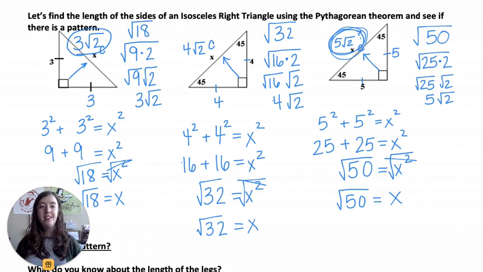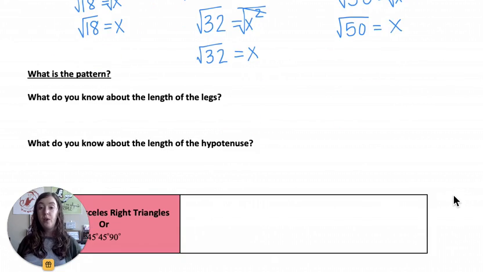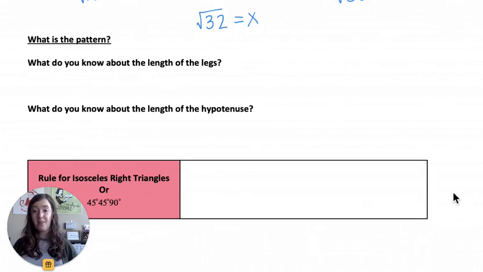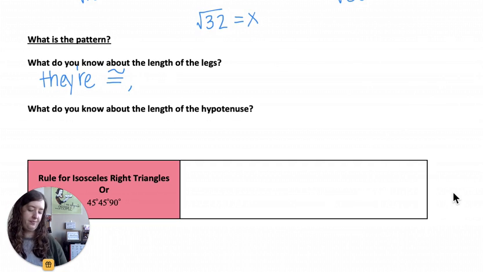So let's go ahead and look at what we've noticed about these triangles. What do we know about the lengths of the legs? Remember, the legs are the ones that are not the hypotenuse. What do we know about the lengths of those legs? Those are always the same, right? They're congruent, or they're the same.